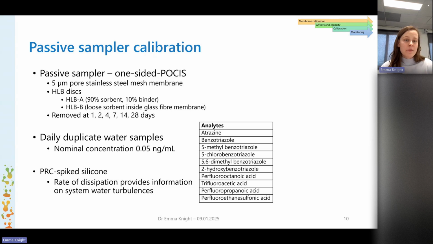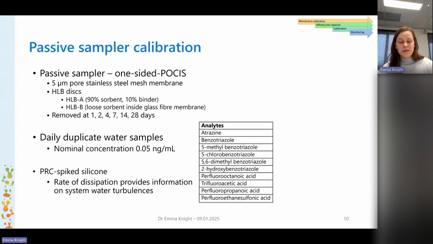So we set up a calibration for ZeroPM using the one-sided POCIS sampler. We used a 5 micrometer pore stainless steel mesh membrane and 2 different configurations of receiving phases. One, HLB-A, which was 90% sorbent and 10% binder, and HLB-B, which is loose sorbent inside a glass fiber membrane.